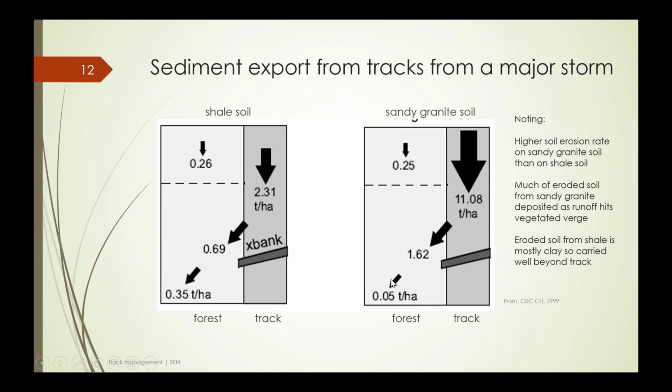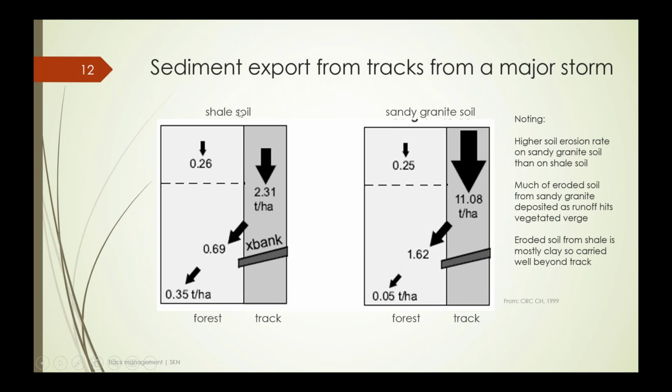And then it's run another 5 to 10 metres to the bottom of our measuring plot. And really we see that a lot of the soil has been absorbed. Now this is a sandy granite soil, so the soil is erodible in the first place, but at the same time, once the water slows down as it runs off across the compartment area, a lot of the sand falls out as the water soaks in.